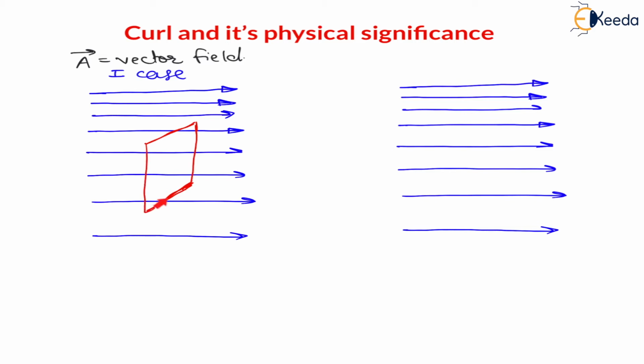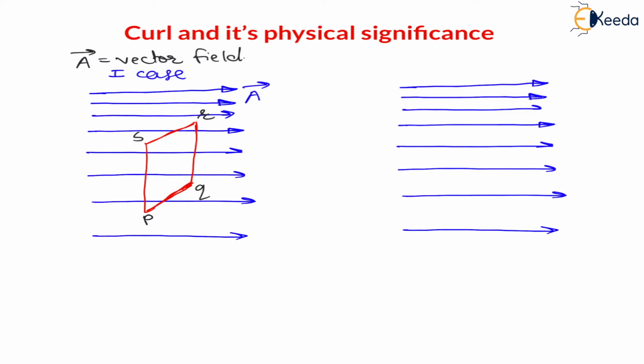Now my dear students, this area or this surface is perpendicular to this vector field. Here the vector field is vector A, right? Now let us name these points. Let us say here these points are P, Q, R, S, right?